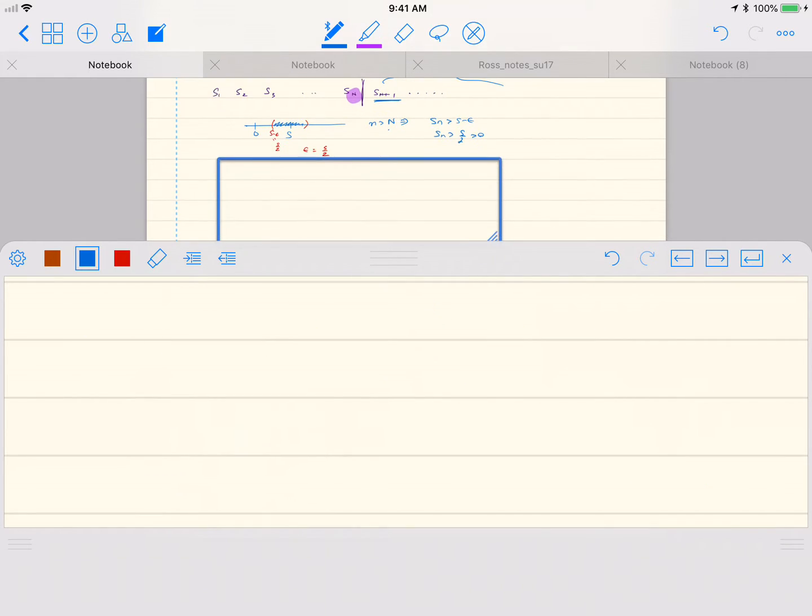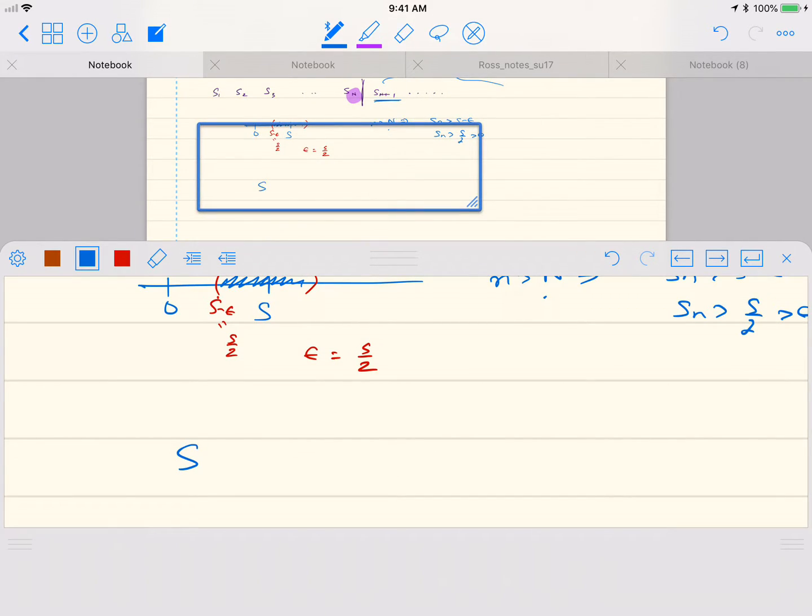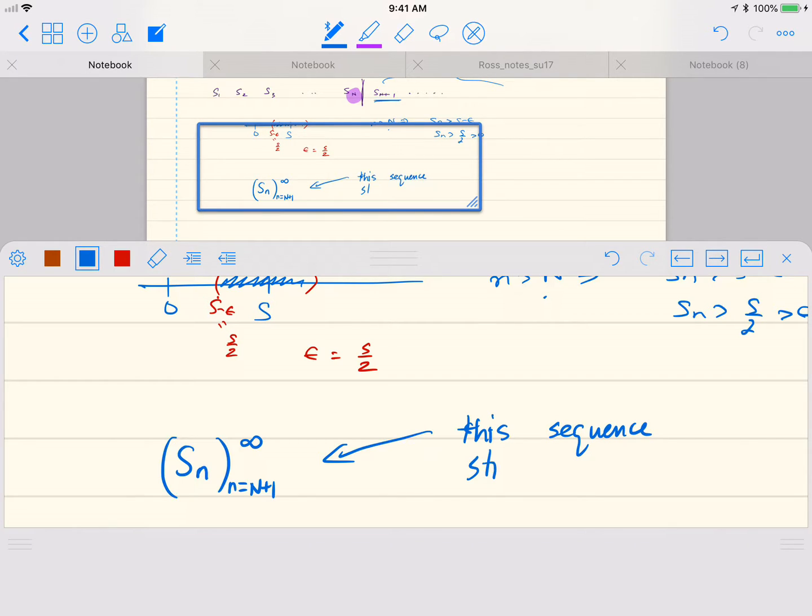Our new sequence, which would start at N plus 1, still converges to S because it's a subsequence.